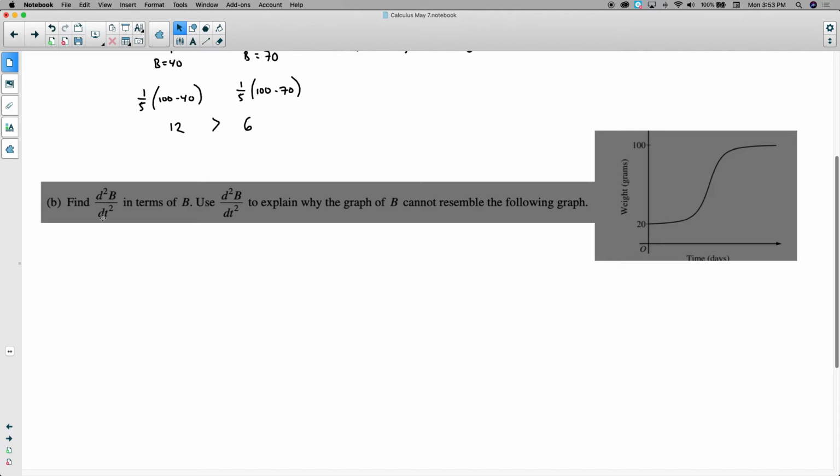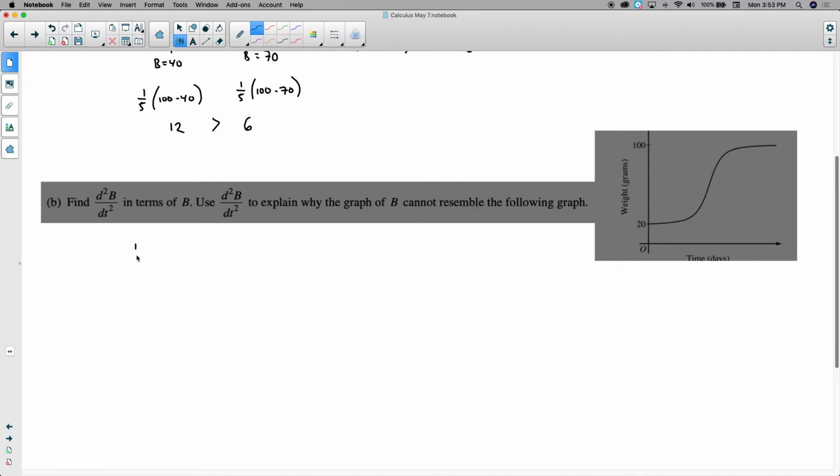Find the second derivative of B with respect to T in terms of B. That means our answer is going to have some B structures in it. And then we're going to use that to explain why the graph of B cannot resemble the following graph. Now that's kind of confusing. Let's just focus here on finding d squared B dt squared, the second derivative of B.